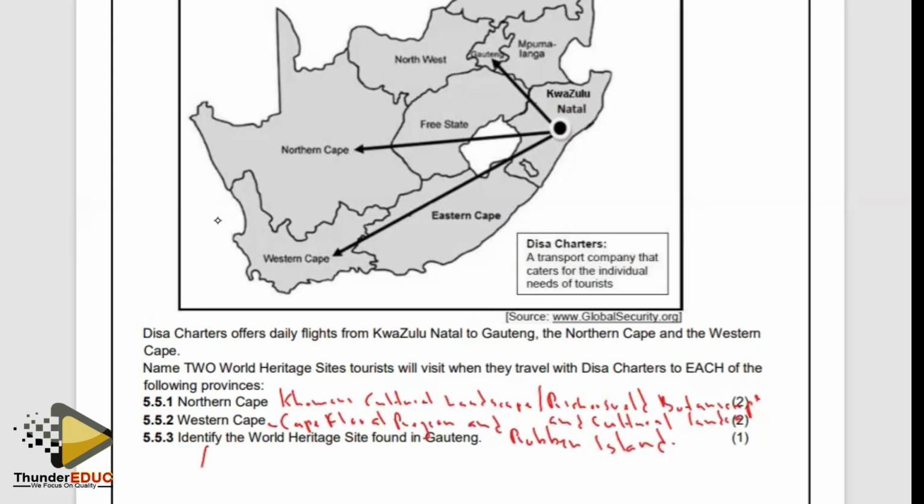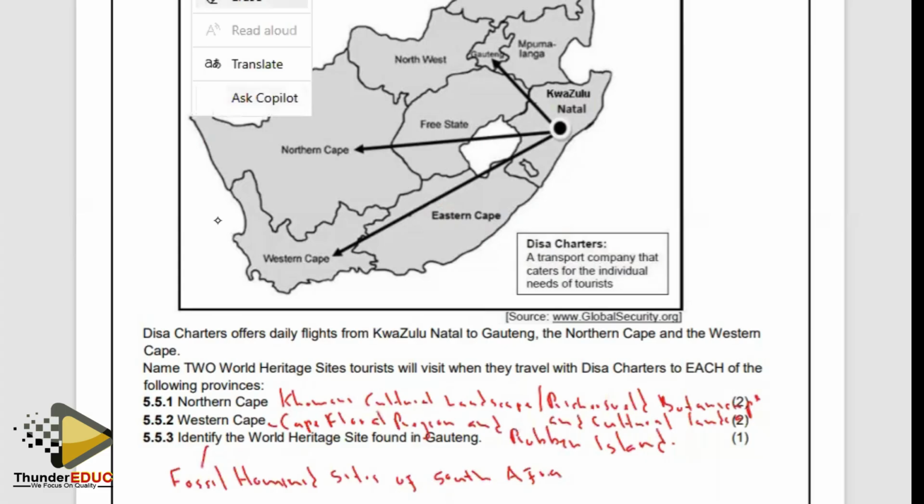5.5.3, identify the World Heritage Sites in Gauteng. That will be the fossil hominid sites of South Africa, formerly known as the Cradle of Humankind.